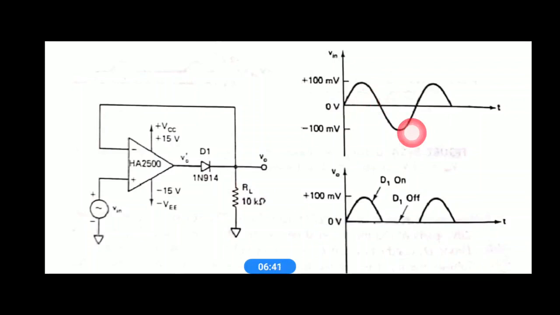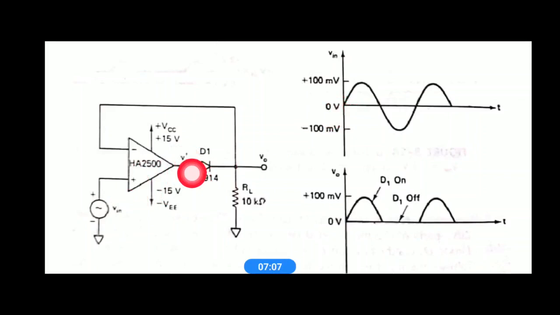What happens here? During the positive half cycle, initially take it as 0 volt applied here. For the 0 volt input, the output is 0 volt.